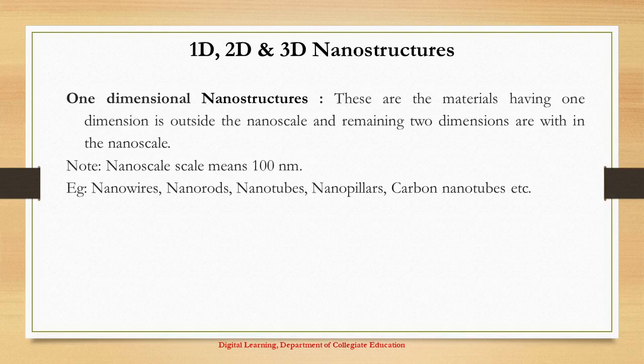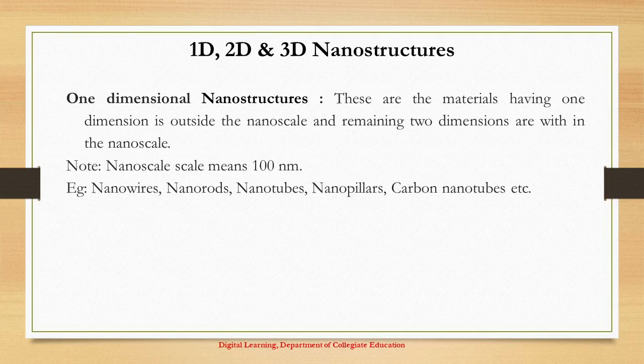Now, let us see dimensional nanostructures like one-dimensional, two-dimensional and three-dimensional nanostructures. When we come to one-dimensional nanostructures, these are the materials having one dimension outside the nanoscale and the remaining two dimensions within the nanoscale.